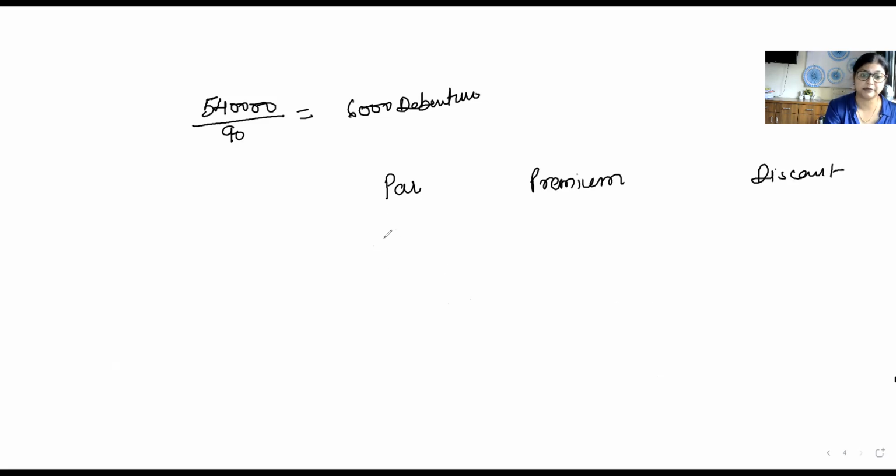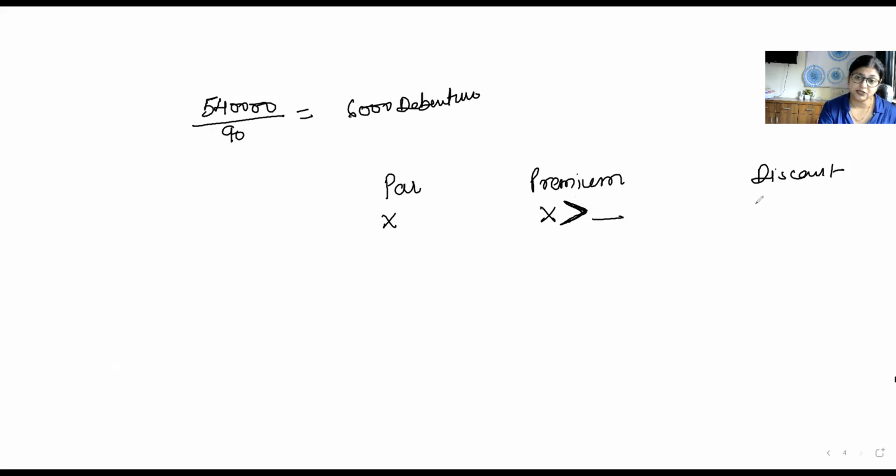Whatever number X you get at par, when you issue the debentures at premium, the number of debentures issued is going to be lesser than X, because you are issuing the debentures at a higher price.